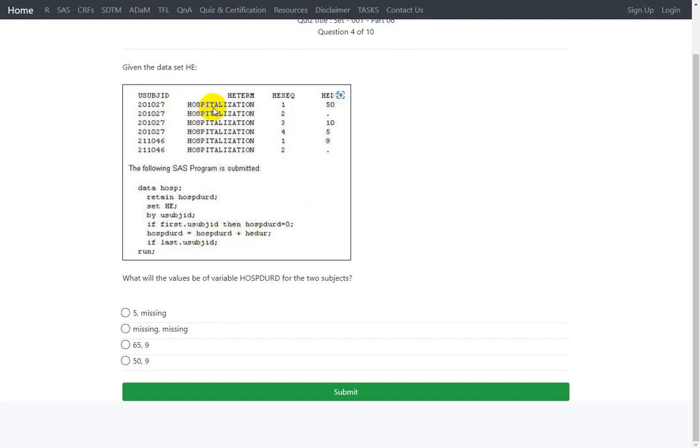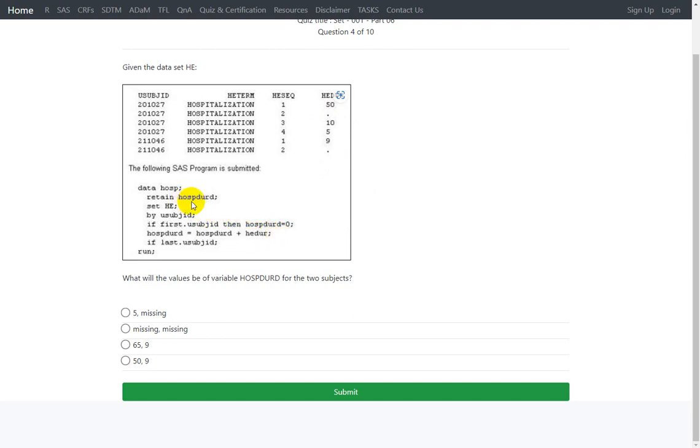On the first record, HOSPDURD would be set to 0, and then the value would be 0 plus 50. So when this statement is executed for the first subject on the first record, the value would be 50.